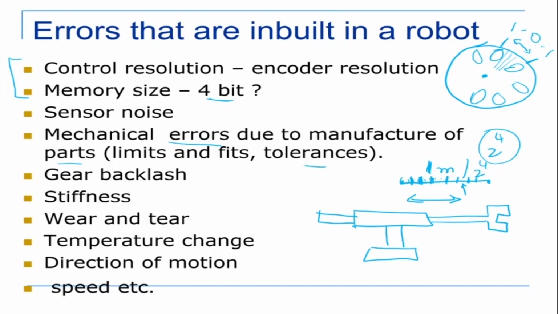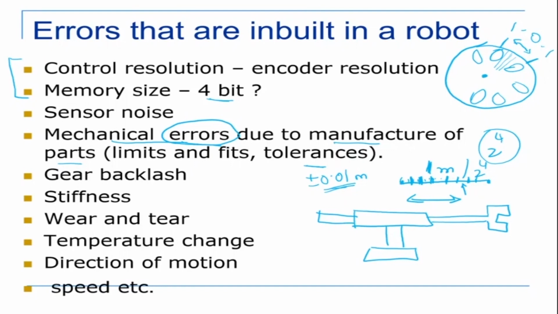Because these tolerances are there, there will be some plus minus 0.01, for example. This is very small, but it is still there. That means there are going to be mechanical errors because of manufacture itself. In case of assembly, there are limits and fits. In case of tolerances, a part can be a little bigger or a little smaller. So mechanical errors are inbuilt in the system, and you cannot do anything about it. They are going to be there.